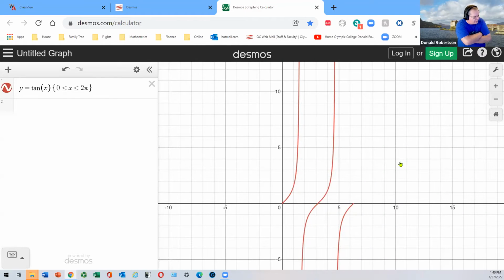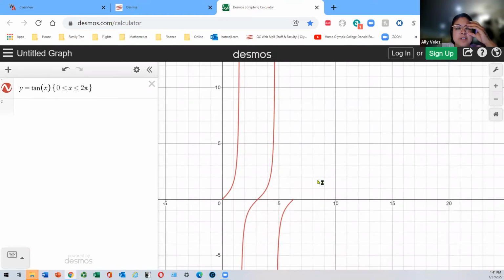What angle does a tangent have big problems with? When is it undefined? Because that's where the vertical asymptotes are. What's the x value of where this vertical asymptote is?